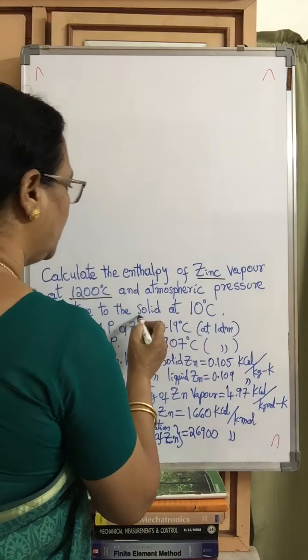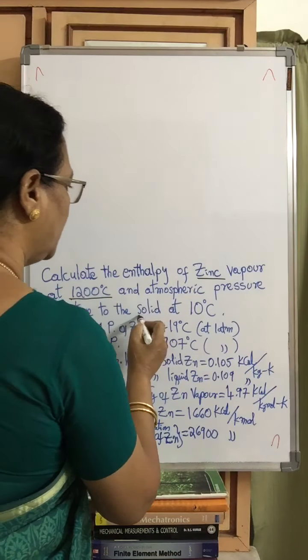This is the concept which we have already discussed in previous classes. At melting point and also at boiling point, phase change takes place and T is constant. And then the remaining range, that is to heat solid or to heat liquid or to heat vapor, that is sensible heat.